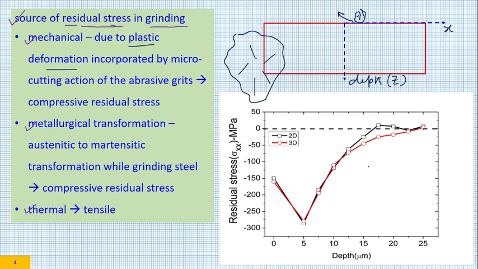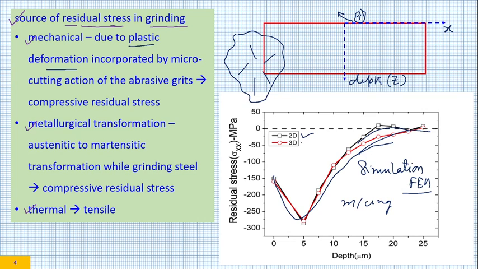This is a simulation, not an actual experiment. This is a simulation using the finite element method, which shows what kind of stresses are induced upon machining. Here, as you can see, a completely compressive stress is induced within the surface, and that gradually becomes 0, slightly tensile, and then becomes 0.